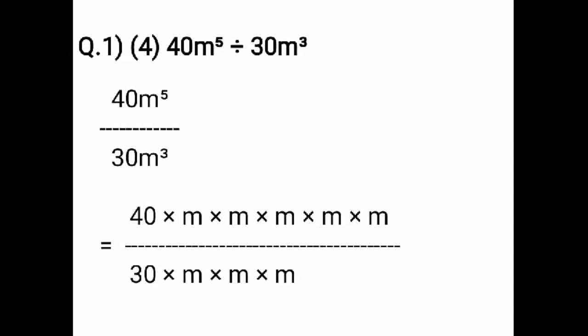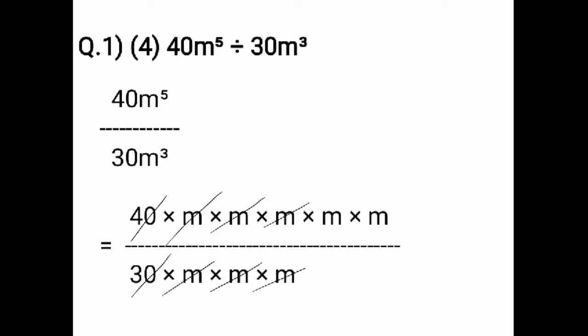Now next step, do cancellation. 0 and 0 get cancelled. So what will remain? 4 upon 3. Now you have to cancel m. m gets cancelled on numerator and denominator. Then on numerator what is left? m square is left.